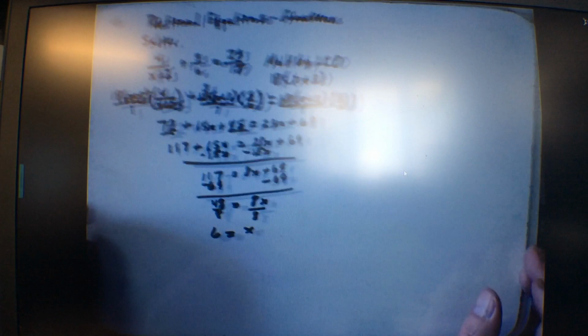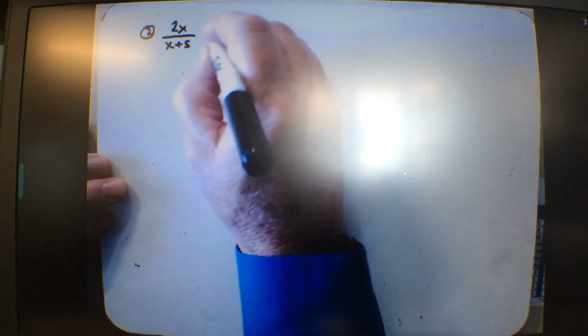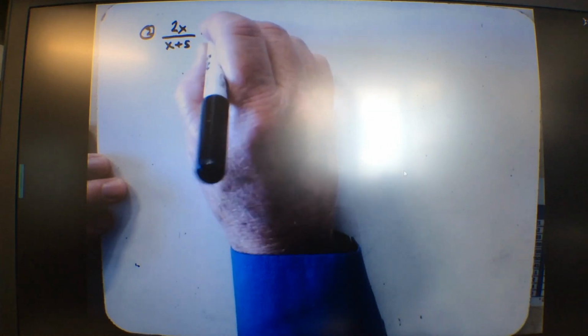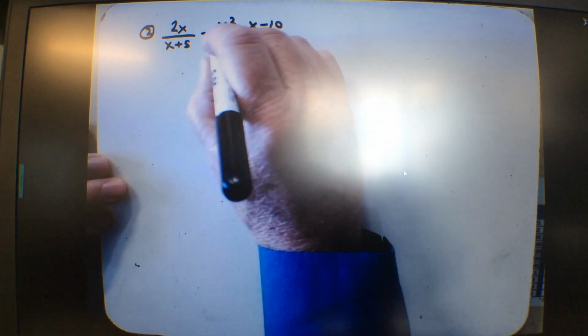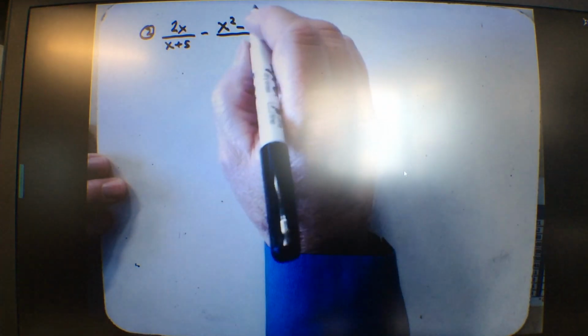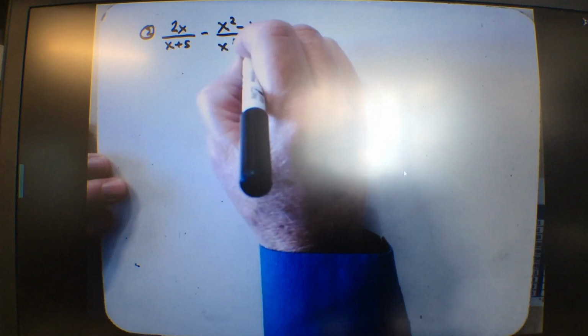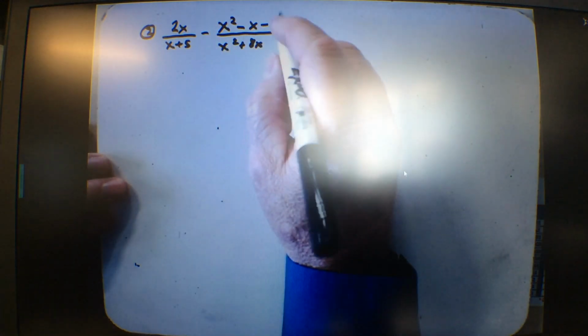Okay. All right, let's take a look then, and we can go a little bit deeper than that. Let's take a look at number 2. The directions are still solve. We have 2x over x plus 5 minus x squared minus x minus 10 over x squared plus 8x plus 15.